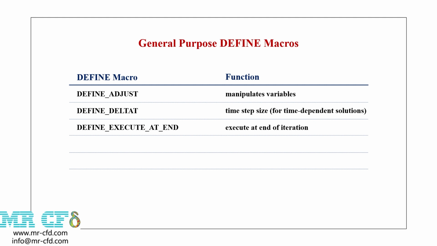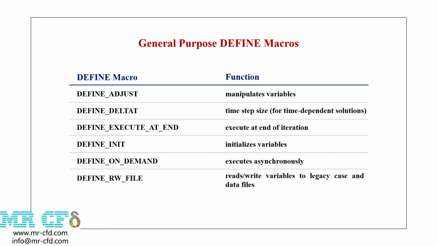DEFINE_INIT macro, used to initialize variables. DEFINE_ON_DEMAND macro, used to execute a command at the user's demand. DEFINE_RW_FILE macro, used to read or write variables in case and data files.